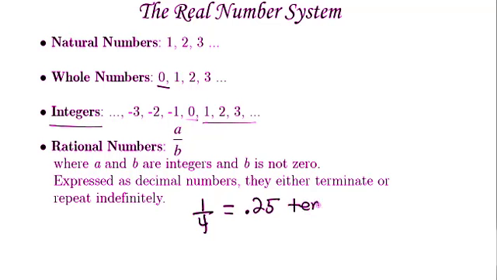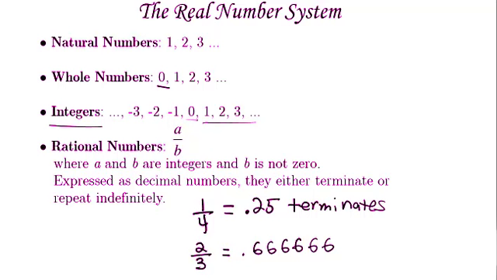It has an end. However, if you consider some other fractions, such as 2/3, this just goes on: 0.666666, but it's repeating. It's not changing to all different numbers.